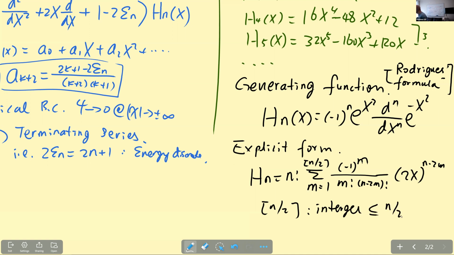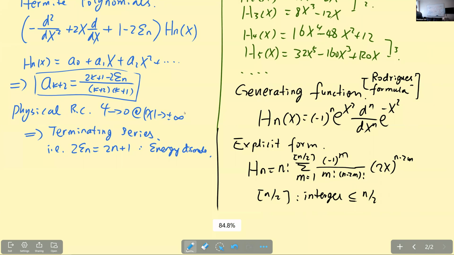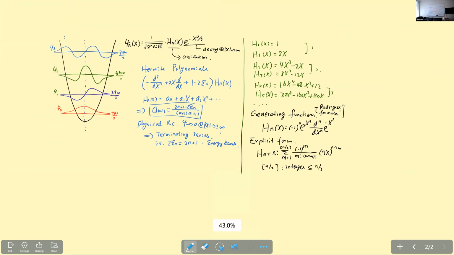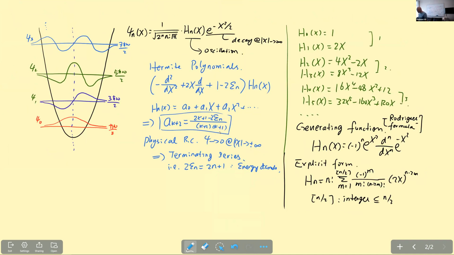So depending on whether this n is an odd number or an even number, it could be just n over 2 or n over 2 minus a half. So that gives us the explicit forms of these polynomials. Right. So that's the story about these Hermite polynomials.